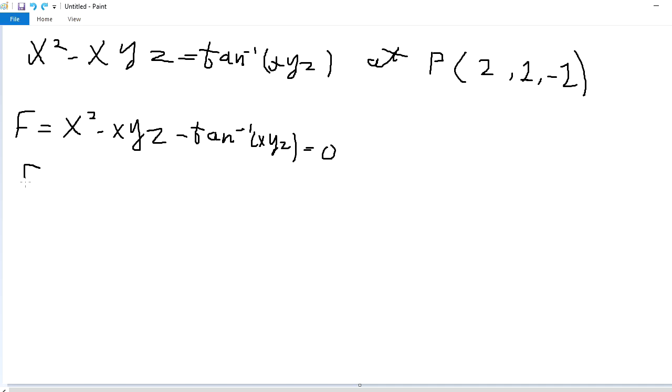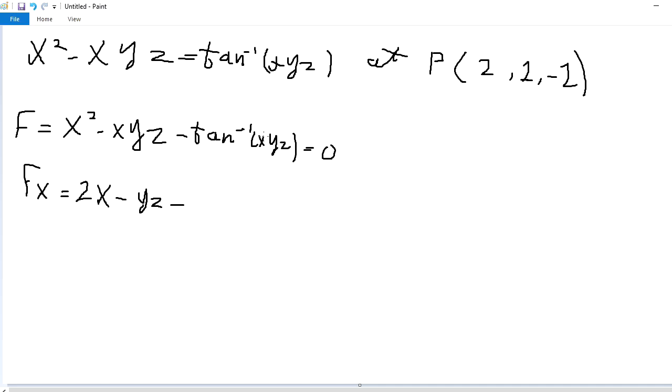So let's take the first partial. Let's write here, for example, fx. Fx is going to equal 2x, then the derivative of x here is going to be 1, so what's left here is negative y times z, then negative the tangent inverse of x times y times z.